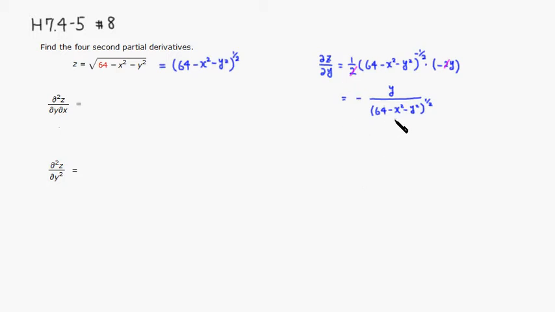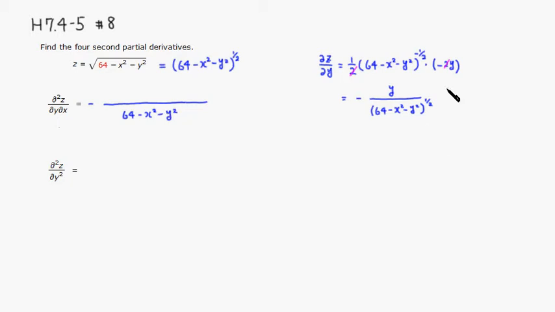Right, so let's take the partial derivative with respect to x now. Right, so there's a negative sign, so I put that in front. Right, so I'm going to use a quotient rule on this guy. So square the bottom, which is just 64 minus x squared minus y squared.